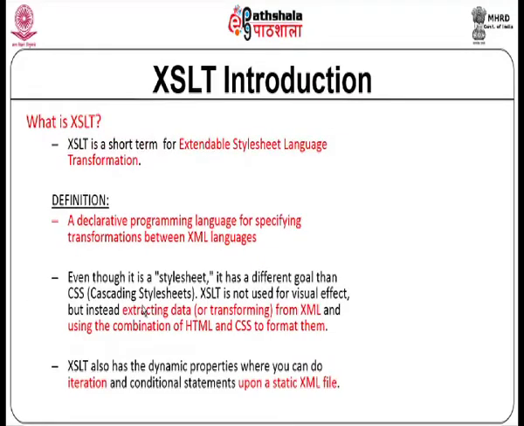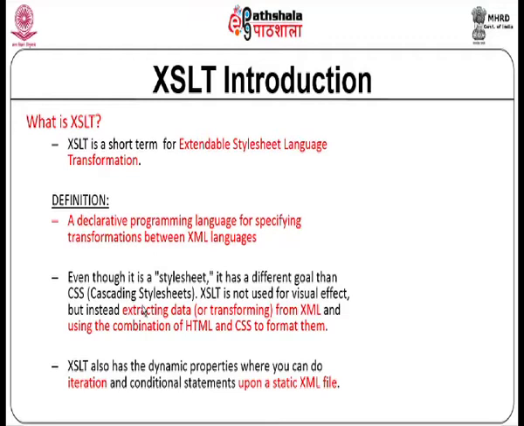With this background we will now see what is XSLT. It is a short form for extendable style sheet language transformation. It is a declarative programming language for specifying the transformations from XML languages to other XML documents or to other languages like HTML or XHTML.